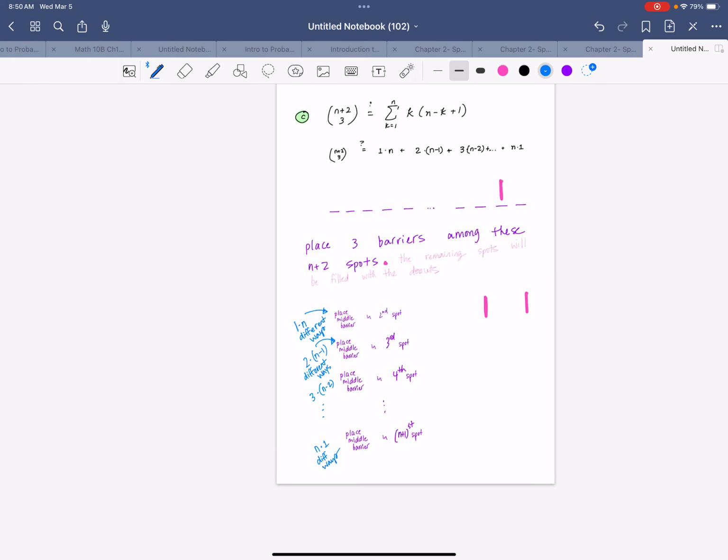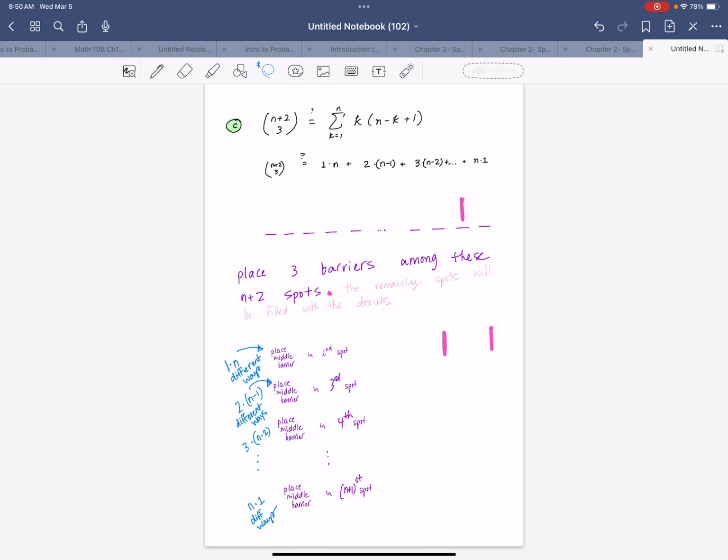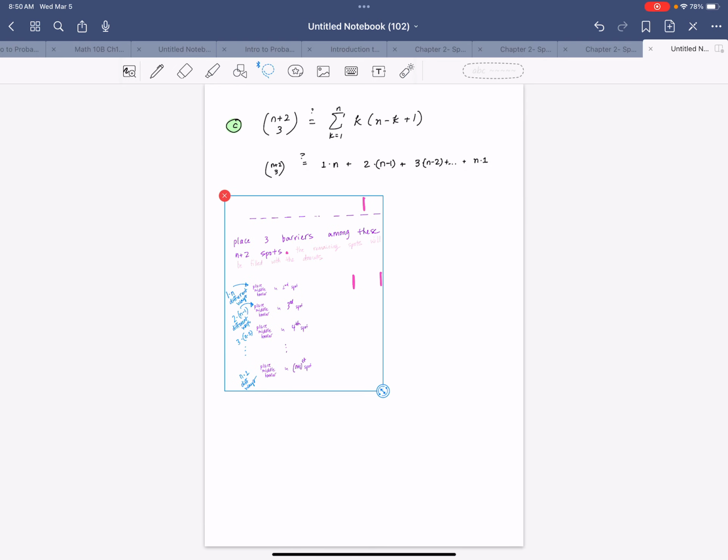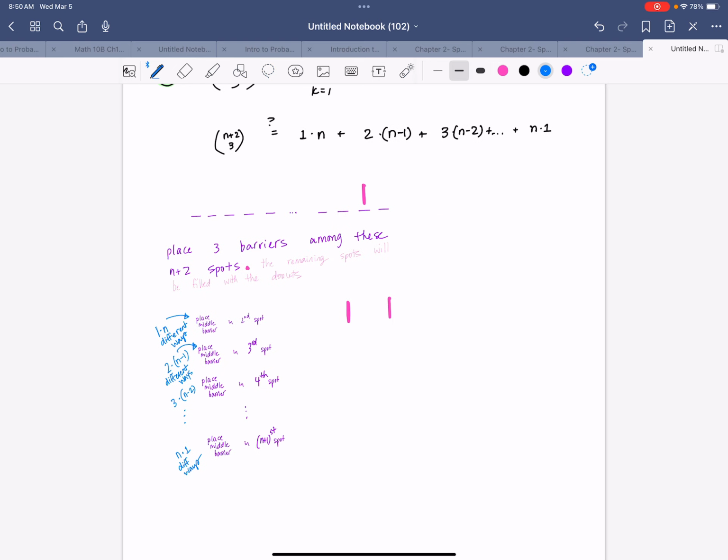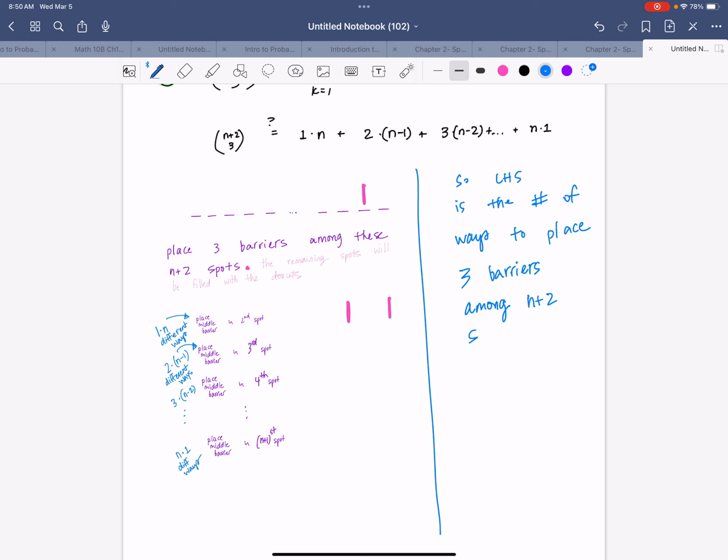So the left-hand side represents the number of ways to place 3 barriers among n plus 2 spots.